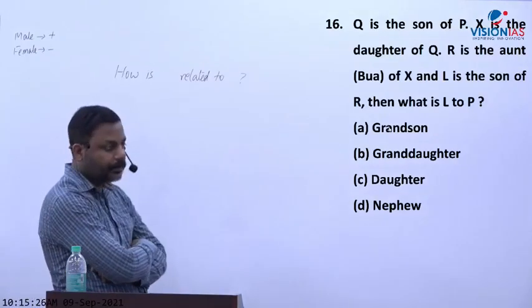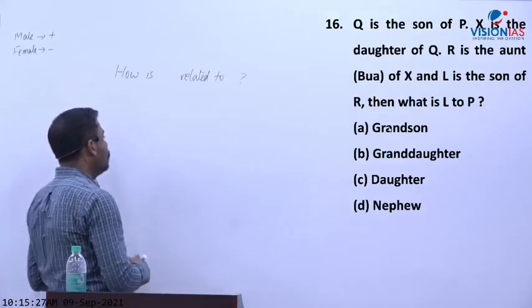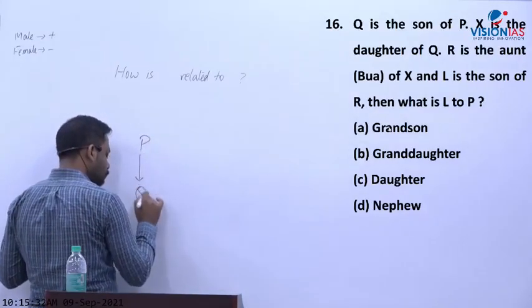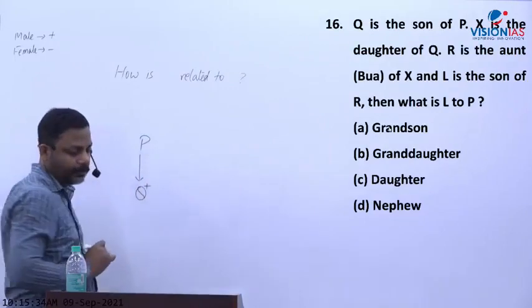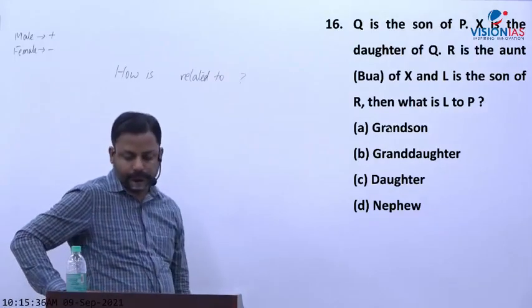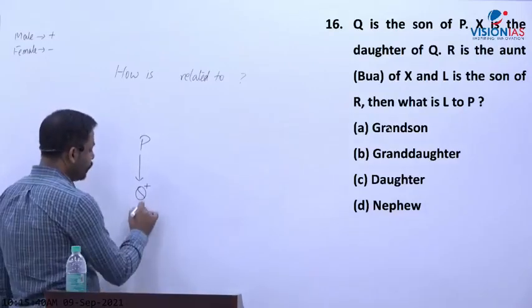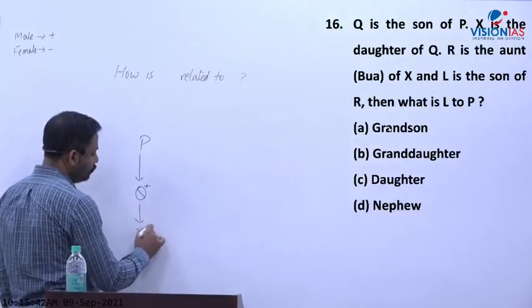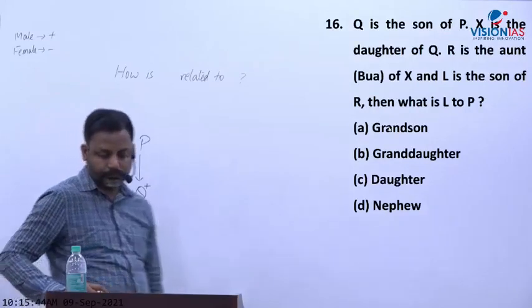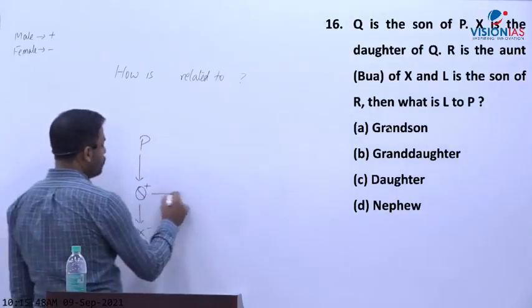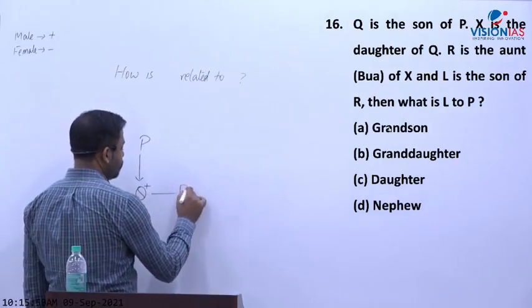So Q is the son of P. X is the daughter of Q. R is the aunt of X. Aunt means father's sister.